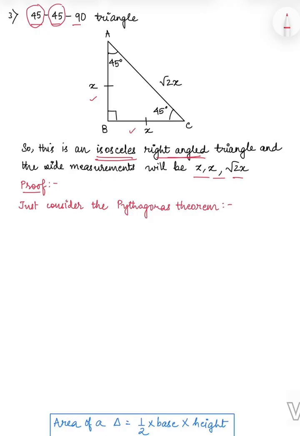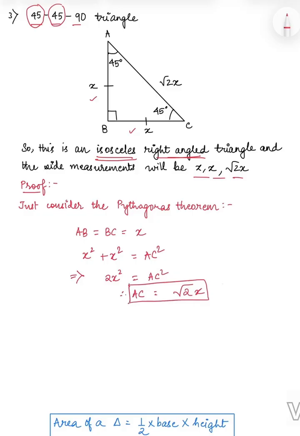If AB is equal to BC is equal to x, then x square plus x square will be AC square. So 2x square will be AC square. Therefore AC will be root 2 into x.